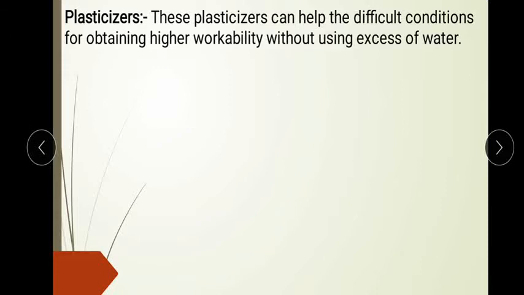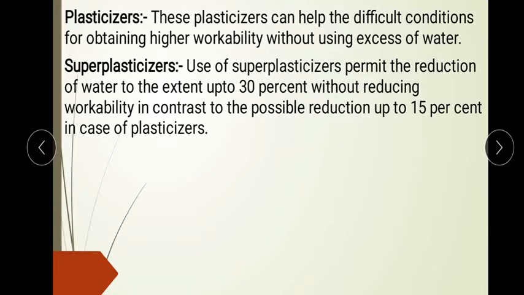If we reduce the water, definitely the strength will be somewhat increased. So to get more strength by reducing the water content, and even to get more flowability, we use plasticizers as one of the best admixtures for concrete. Simply, we can also call them water reducers.